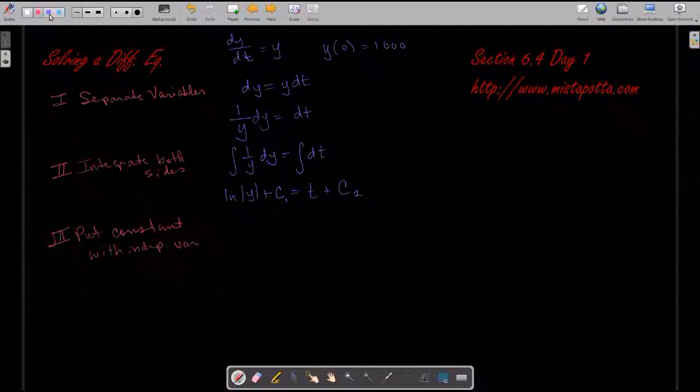So I really want my constant to be over here with the c. So I've got the natural log of the absolute value of y equals t plus c. And notice I don't have a prefix like c1 or c2. This is just c.